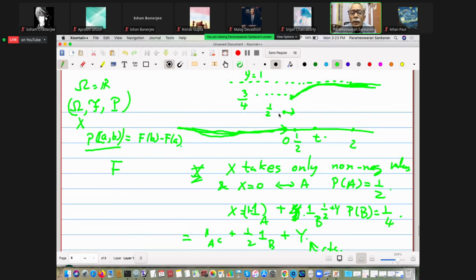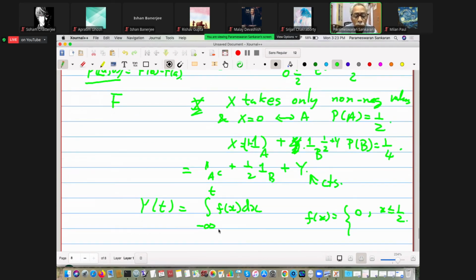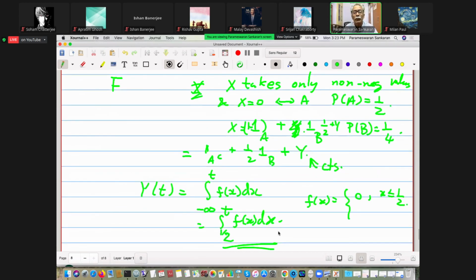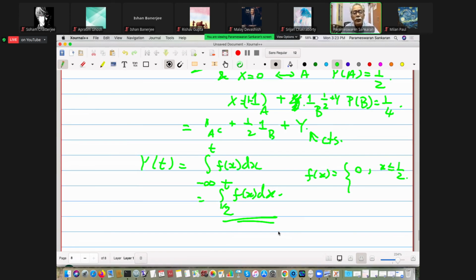So the graph that you see is the graph of this function, which is actually the integral from half to t, sorry, I am getting a little delayed, of f x dx. This gives you this portion. This is going to be some function, and that function you may call g of x.